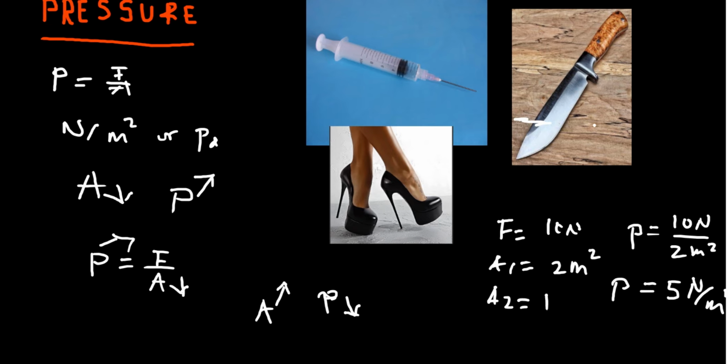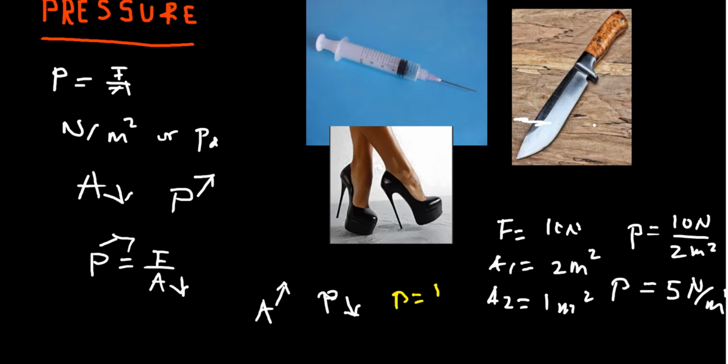But let's assume that the same force is acting on area number 2, A2, which is equal to, for example, 1 meter square. Let's use a different color here.